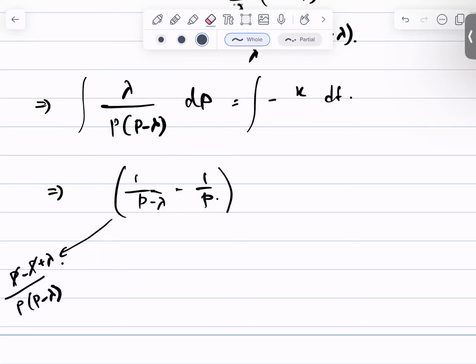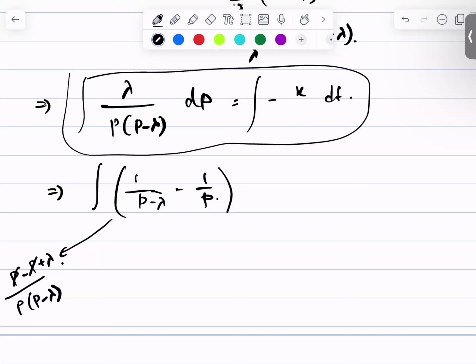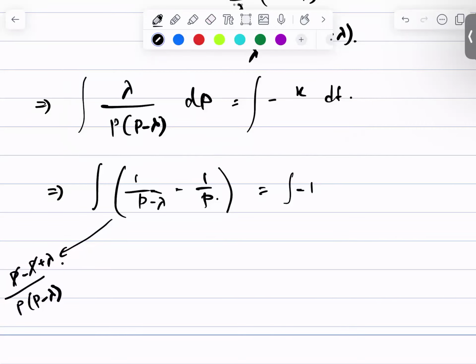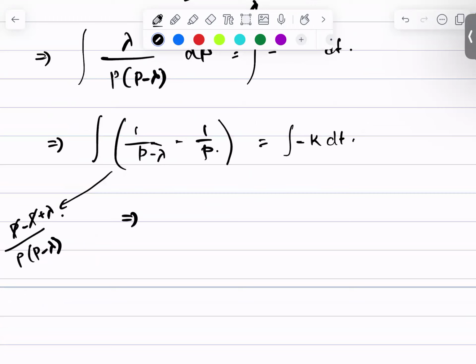Then these two lines are exactly equal. This line and this line are identical.